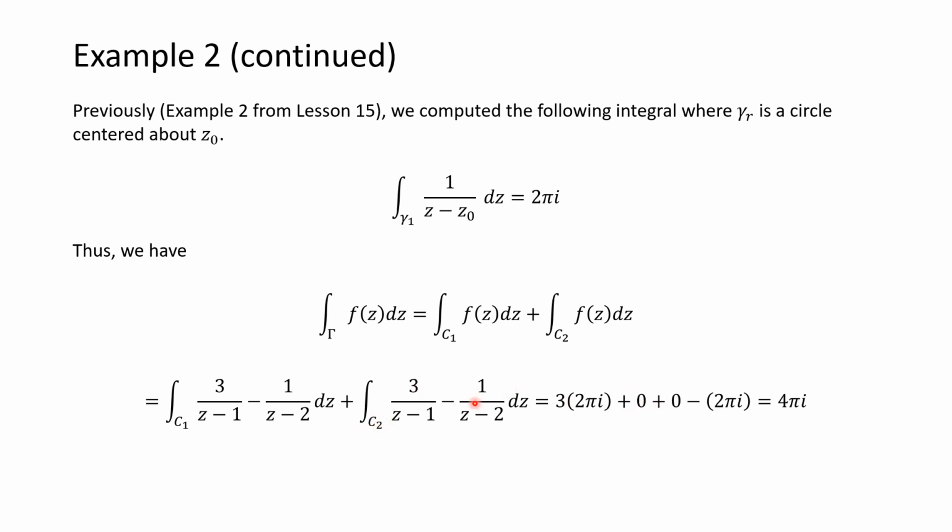But then the second part is of this form here, because the 2 is the center of the circle C sub 2. And it's just minus 1 times 2 pi i, and you subtract 2 pi i from 6 pi i, and you get 4 pi i.